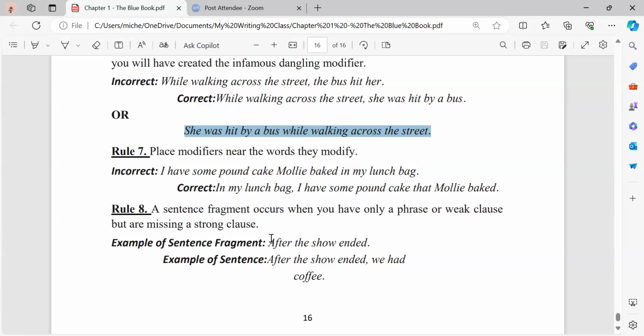Technically we have to sort of break the sentence apart. The first is not really clear, but in my lunch bag, I have some pound cake that Molly baked. So this is more specific. That's why for rule number 7, we should place the modifiers near the words they modify.